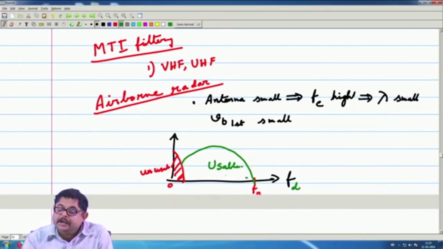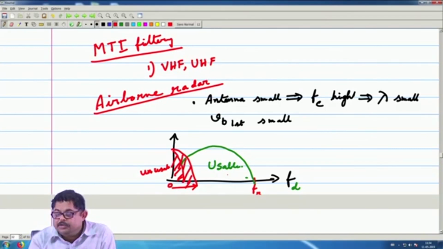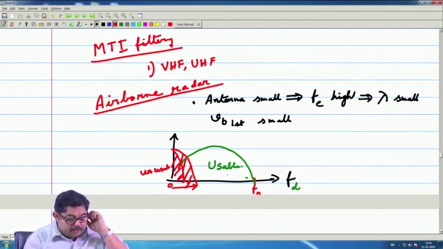Then airborne radars have a lot of clutter due to platform motion, because the radar is moving. So this clutter also gets extended, which means the usable space again gets reduced because the clutter spread increases.